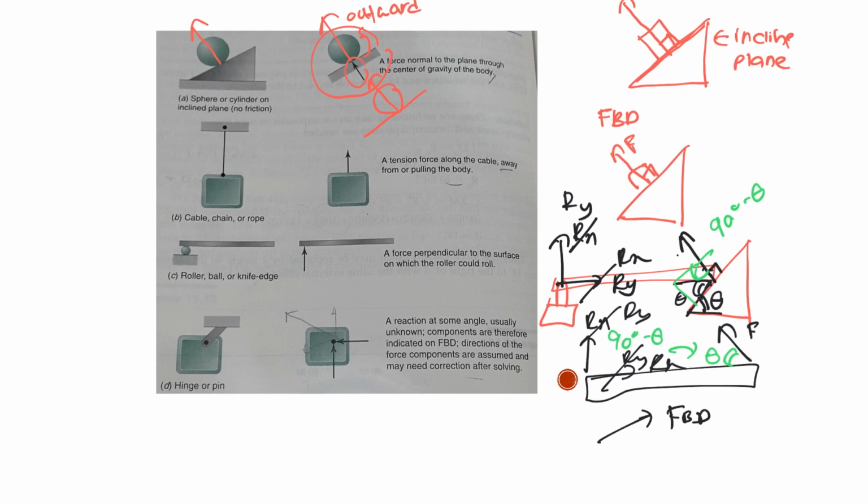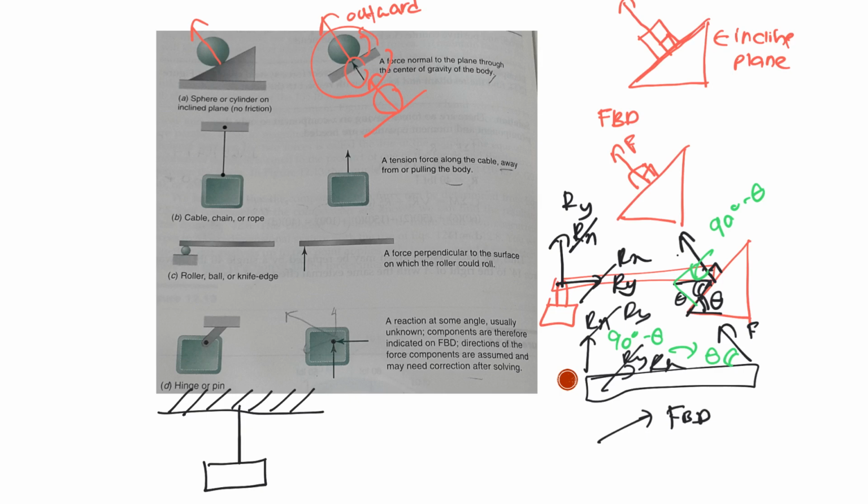What about if we have tension? Tension is basically one of the forces. Say you have one rope or string, and then you have one box here, attached to the wall or anything.